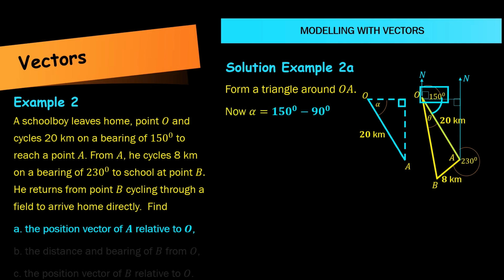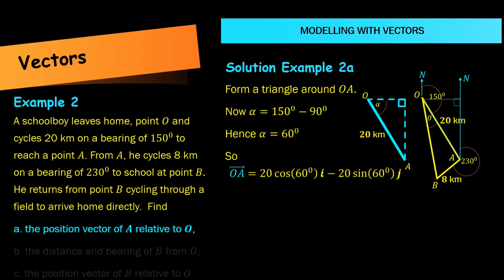Now the angle alpha is 150 degrees minus 90 degrees because we're taking away that highlighted angle at the top, which is 90 degrees. Therefore, alpha is equal to 60 degrees.